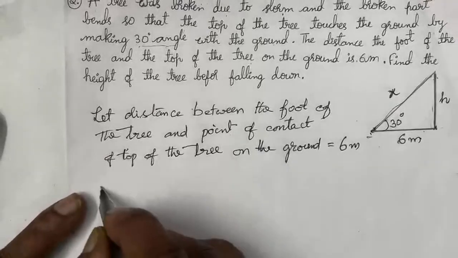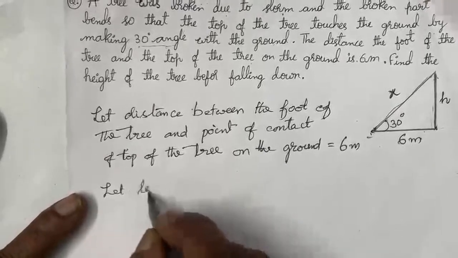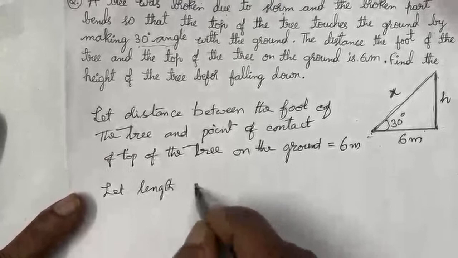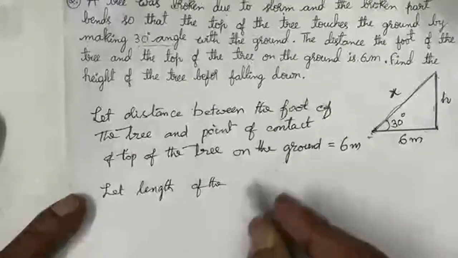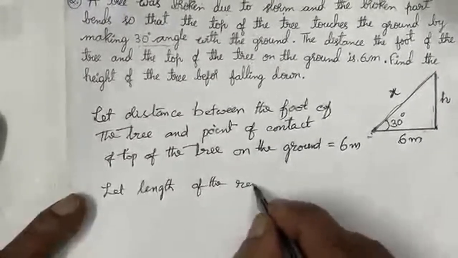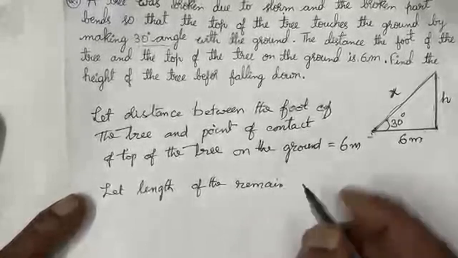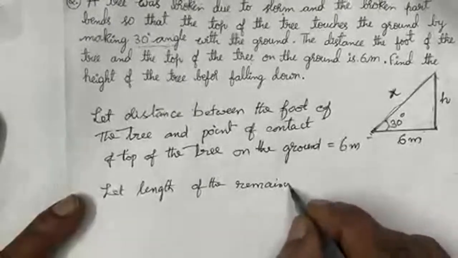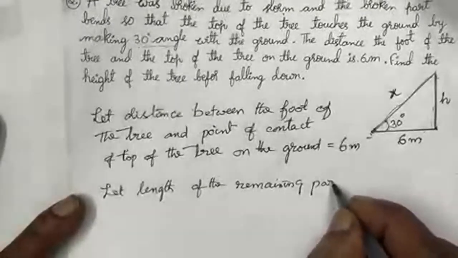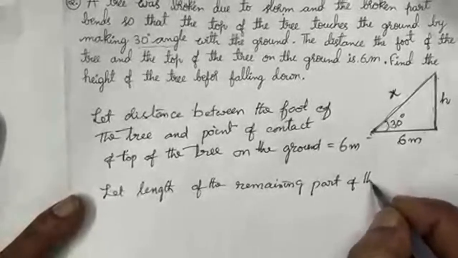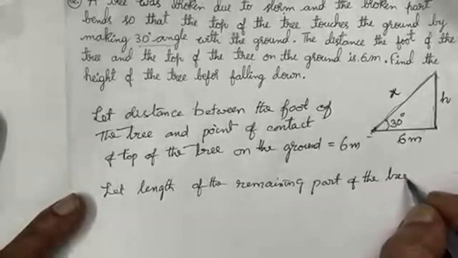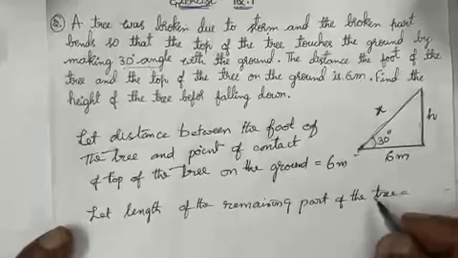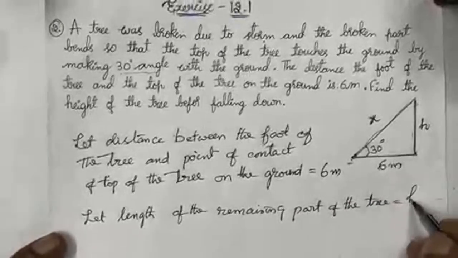Next step: let the length of the remaining part of the tree be h meters.